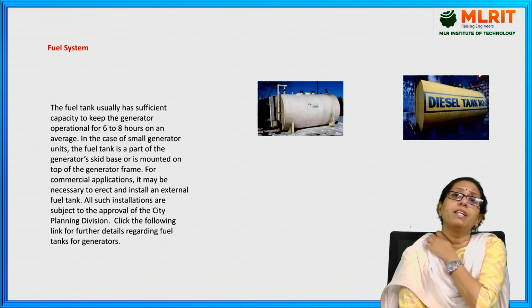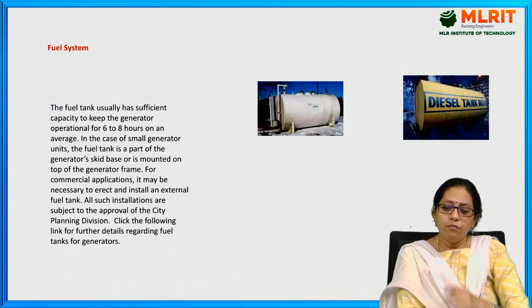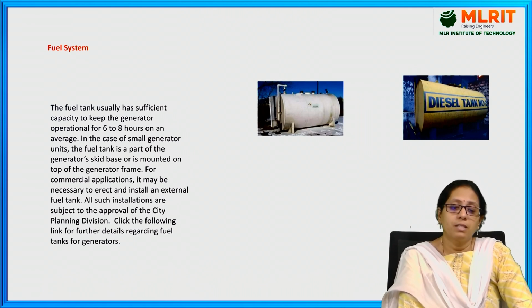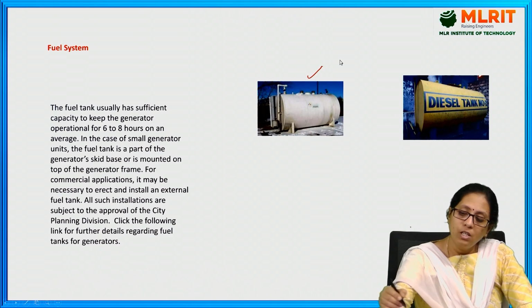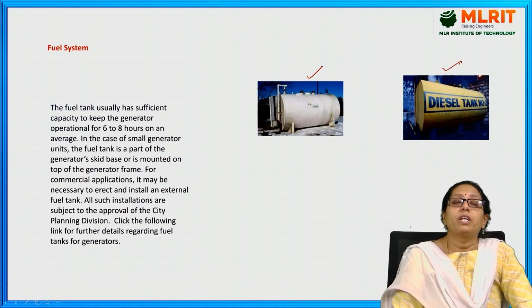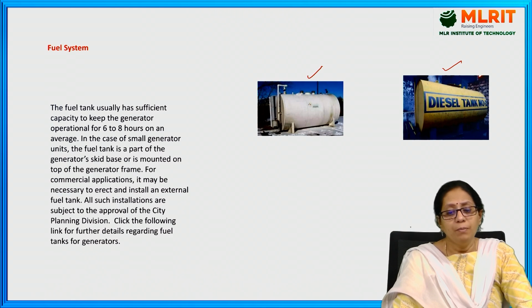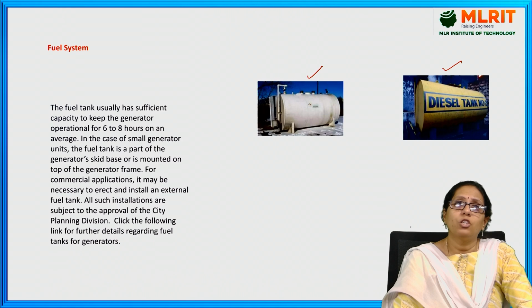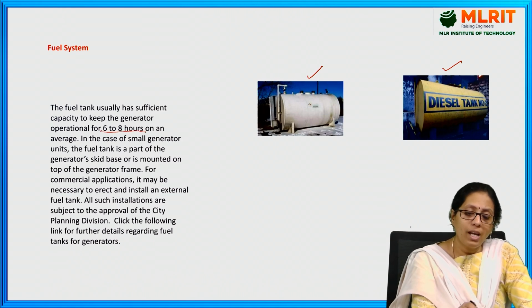The third one is the fuel system. The fuel tank, which is shown in these two pictures, can store the diesel. The fuel tank usually has a sufficient capacity to keep the generator operating for about 6 to 8 hours.